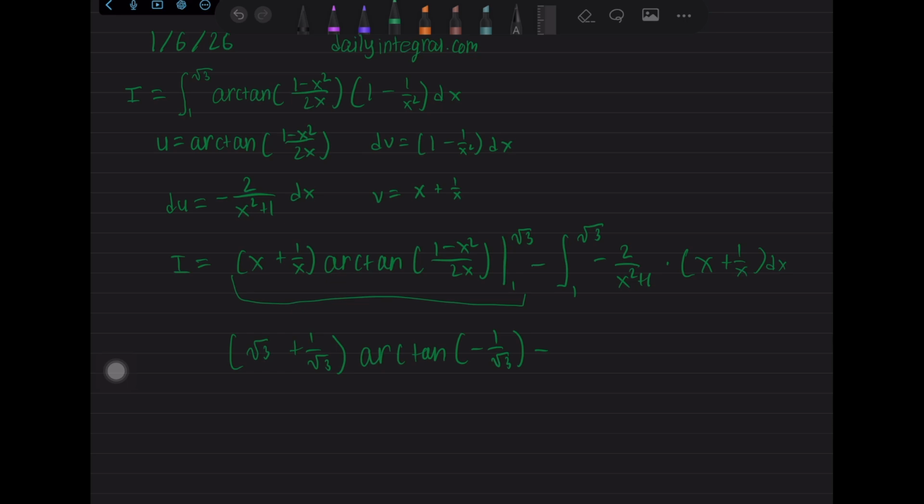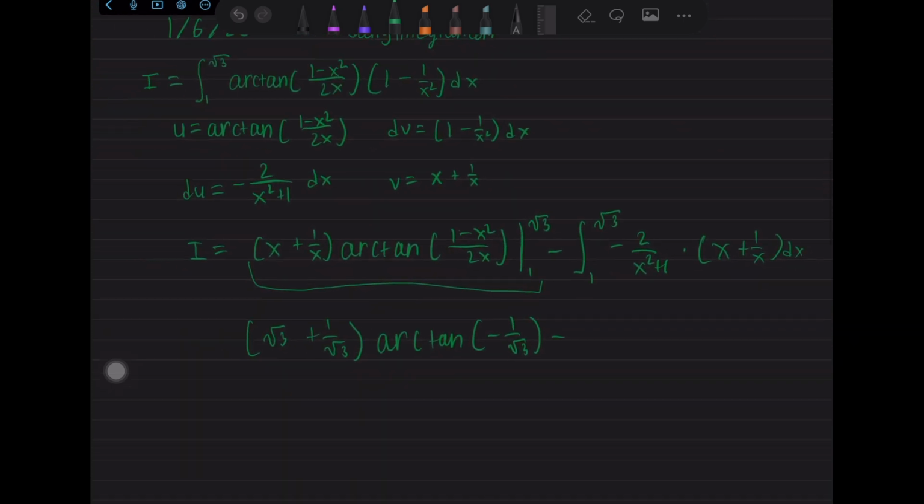Okay, now let's be strategic here. If we plug in 1, we're going to have arctan of 1 minus 1 squared. That's going to become 0, because we have 0 over 2, which is just 0. Arctan of 0 is 0. That means this term will just become 0. So we can just write 0 directly. We will not have to work anything with that.